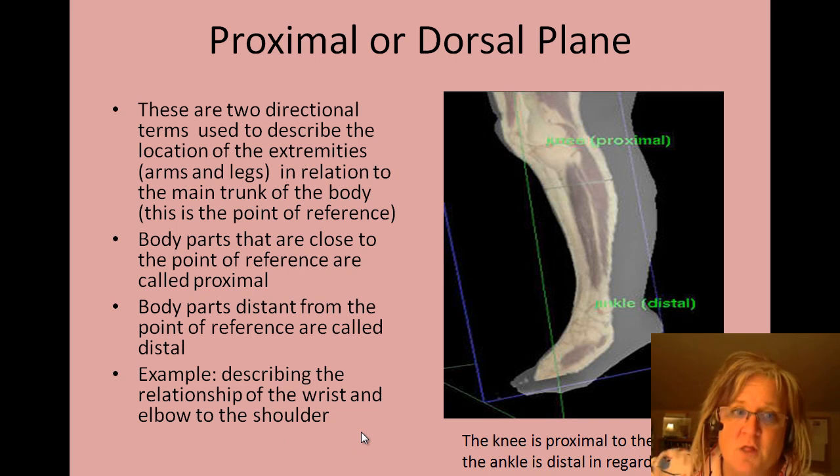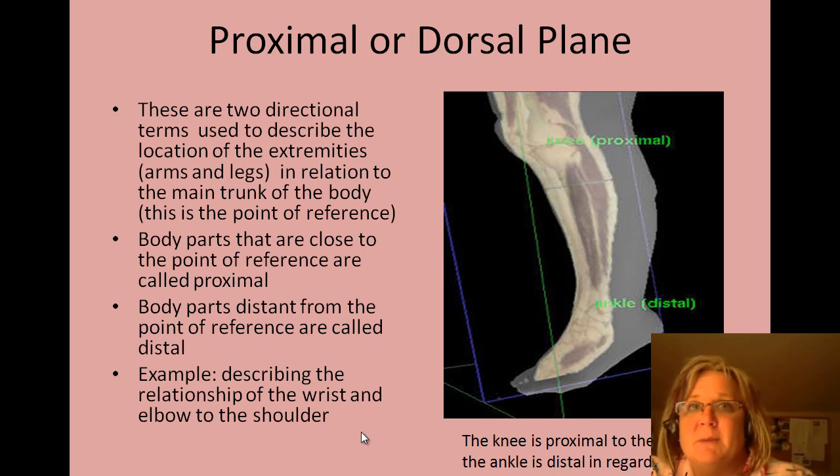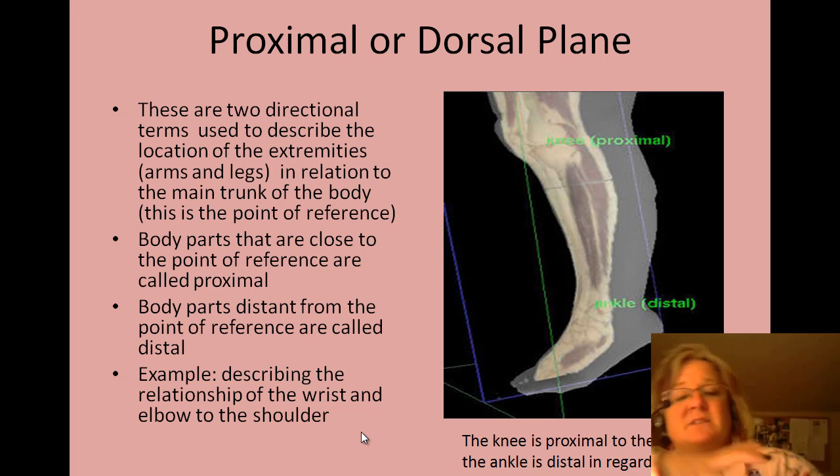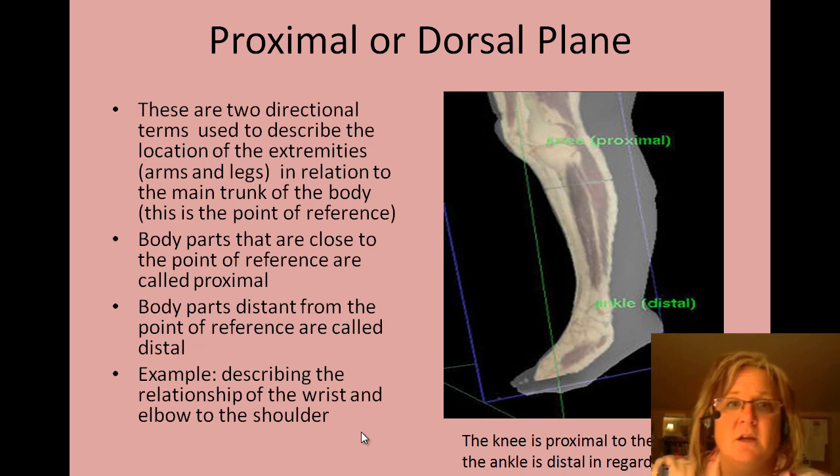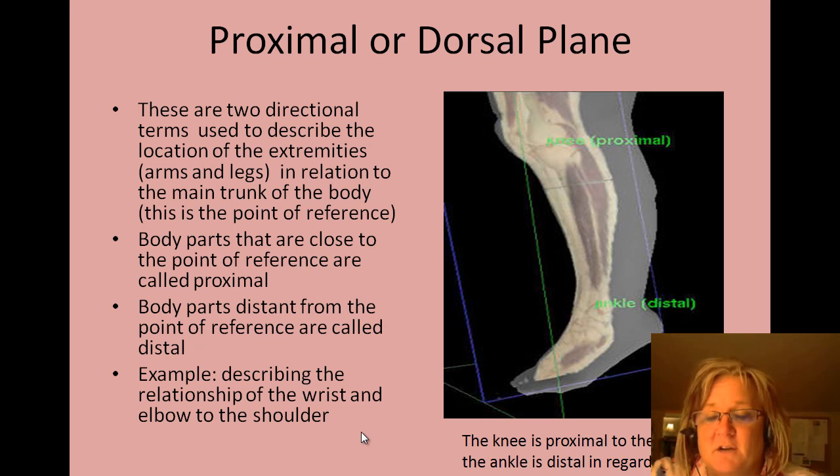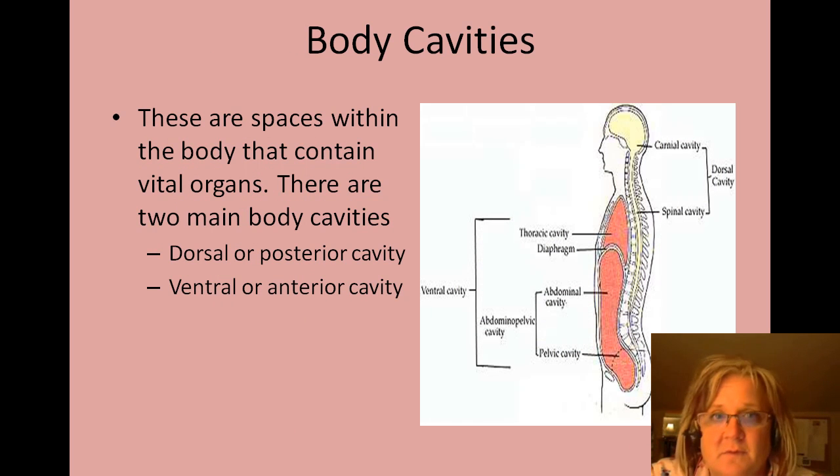The wrist is distal to my shoulder, where the elbow is proximal because it's closest to the trunk. The trunk is the body of reference. And then I give you another example down here that you can read.